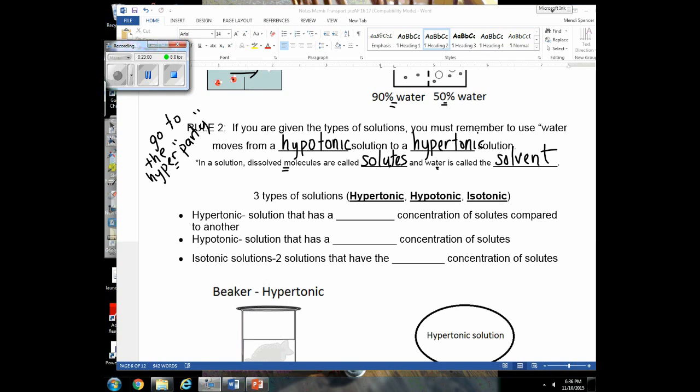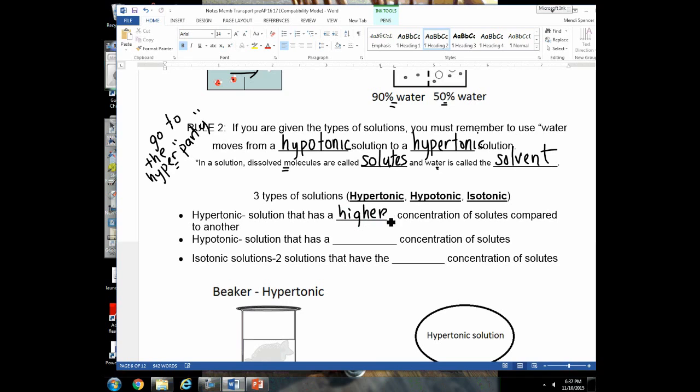Now, a hypertonic solution is a solution that has a higher concentration of solutes compared to another. So it has more solutes dissolved in it compared to another. So imagine if you have tea and then you have a glass of tea that has sugar in it. The one with the sugar in it is going to have more solutes in it.